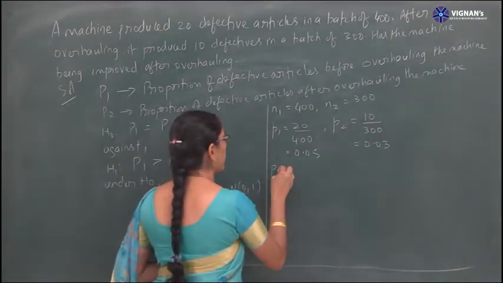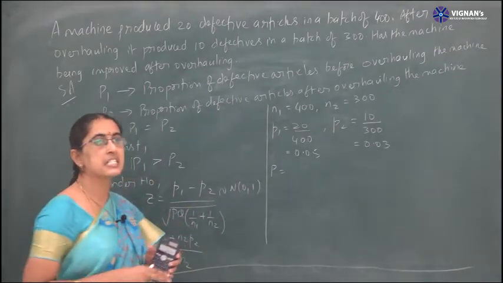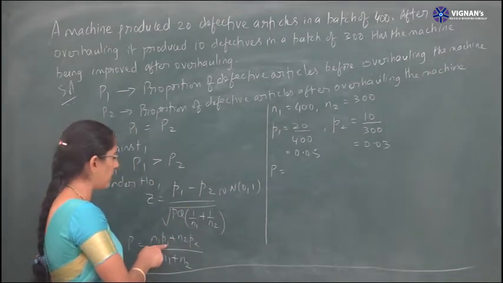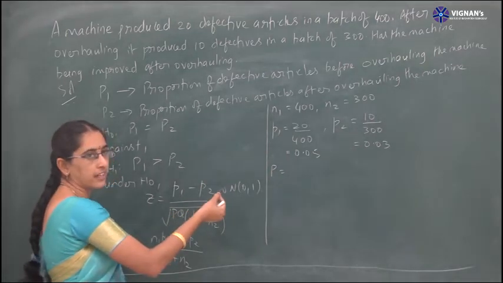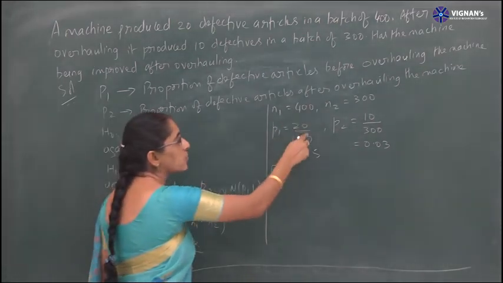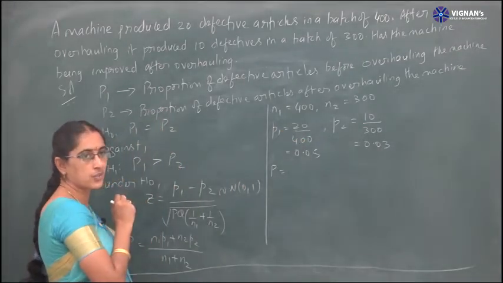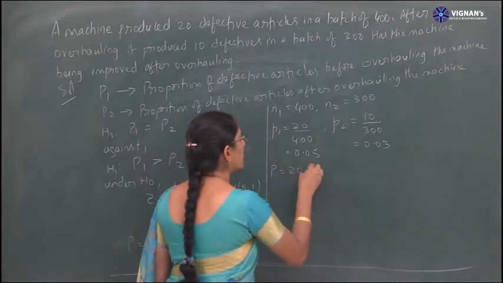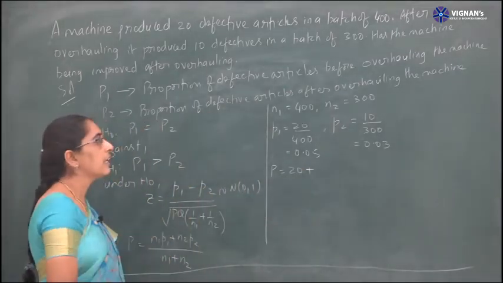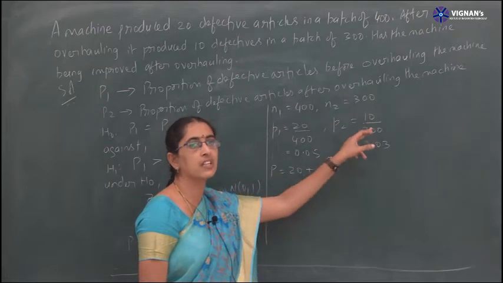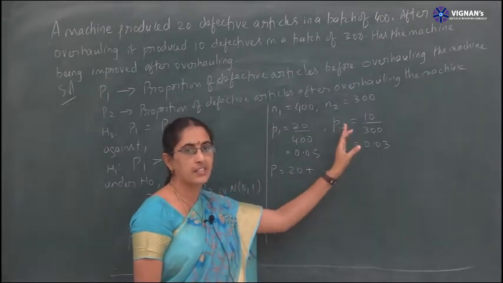Now using this we have to find the capital P value. So capital P equals n1 p1 plus n2 p2. n1 p1 means 400 into 20 by 400, 400 will get cancelled, so you will have 20. Plus similarly n2 p2, which is 300 into 10 by 300, 300 will get cancelled, you will have 10.